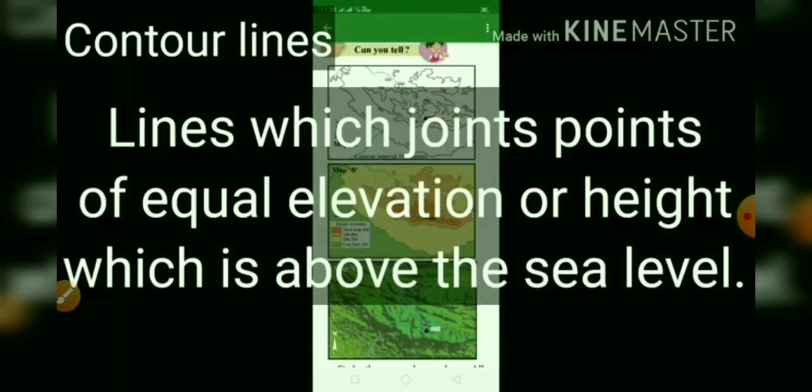Contour lines do not touch or cross each other except at a cliff. Cliff means a high area of land with very steep sides, especially one next to the sea. Every fifth contour line is darker in color.